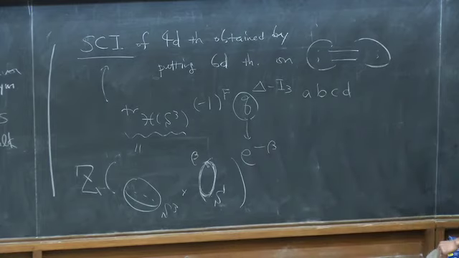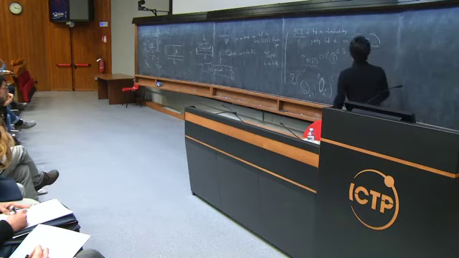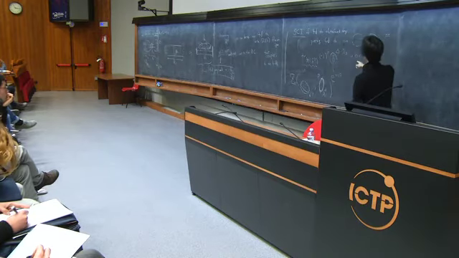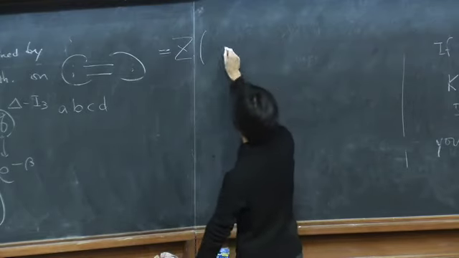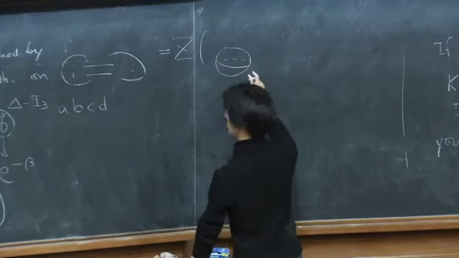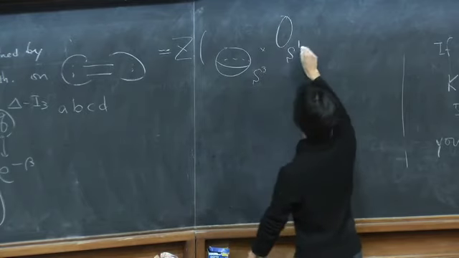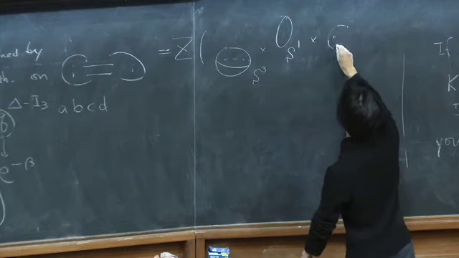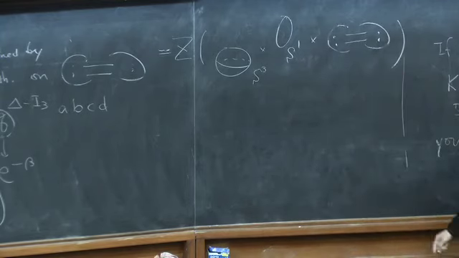So let's apply this to this 6-dimensional theory. What is this SCI of this 4D theory? This is a partition function of the 6D theory on S3 times S1 times this thing, by definition.